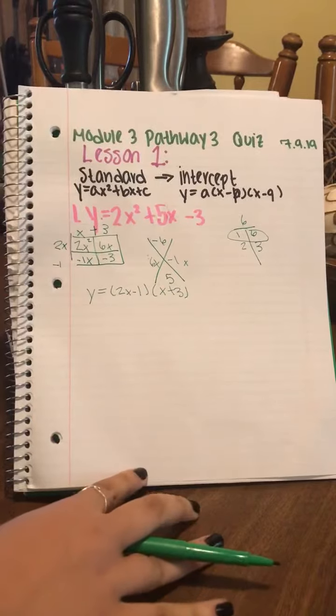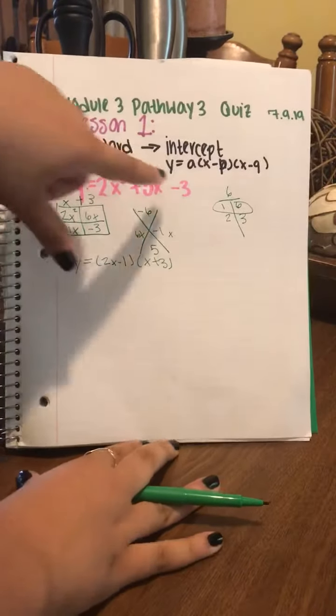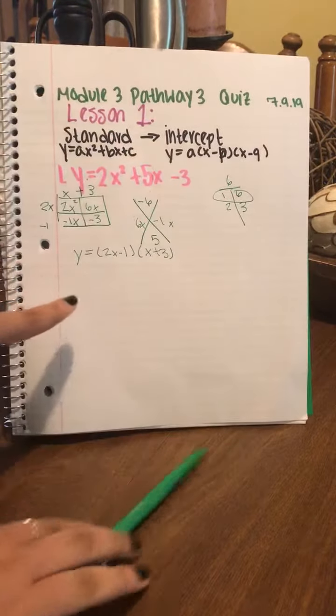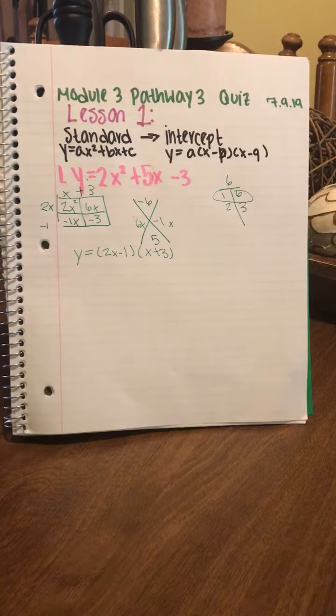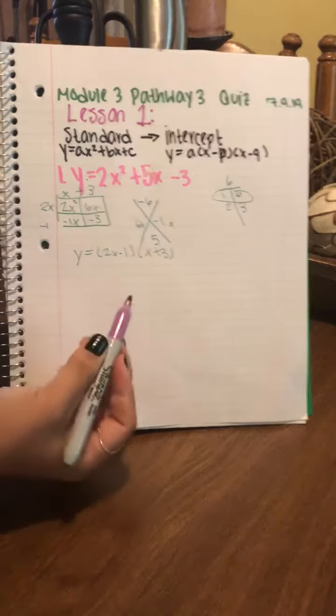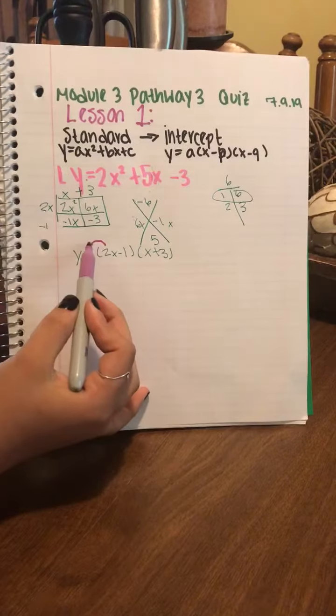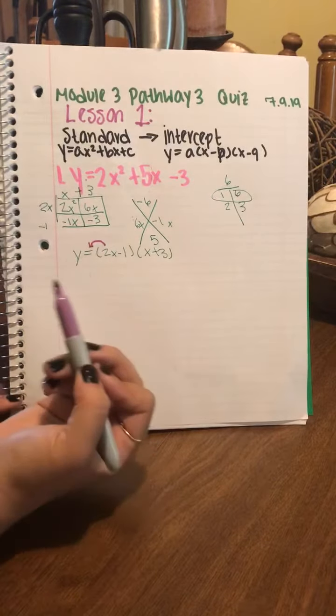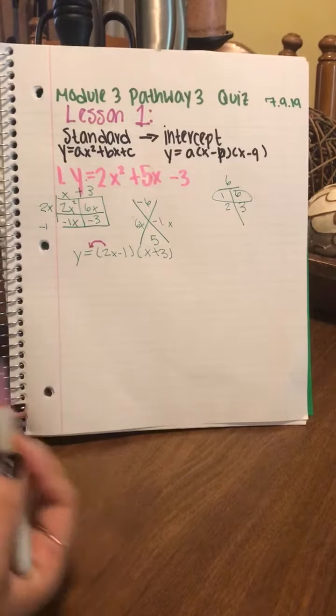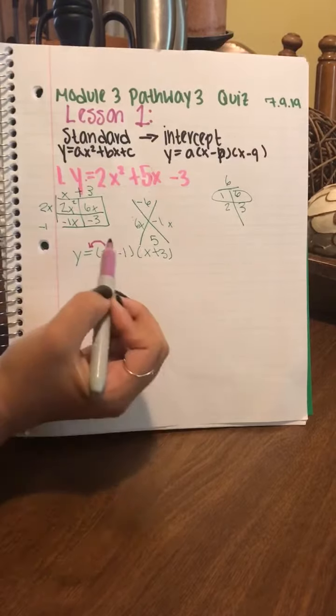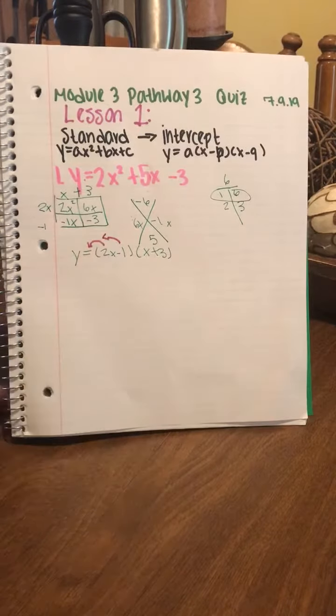When looking at intercept form, I have this a. In my equation I've written, I don't. But if I look at my equation and think, how would I get that? I can see that if I actually move this 2 out of here, or divide by 2, it would give me a. But if I do that to the 2x, I will also have to do it to this negative 1.